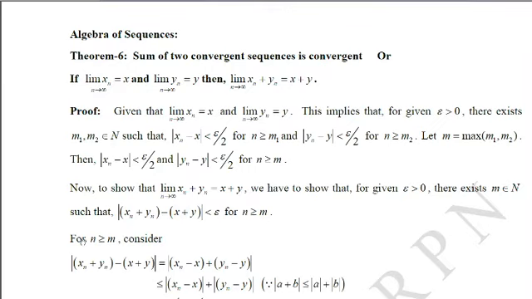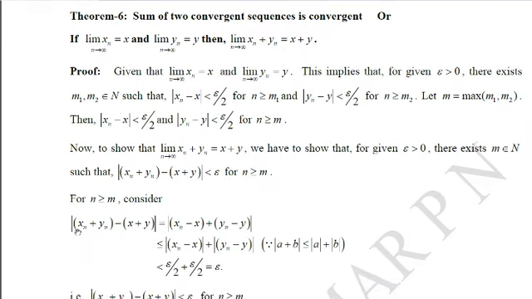Now, we are already given n is greater than or equal to m. Now let us consider epsilon also. For epsilon greater than 0, there exists a positive integer m such that n is greater than or equal to m. Now consider this and show that this is less than epsilon. Now mod xn plus yn minus x plus y is given.